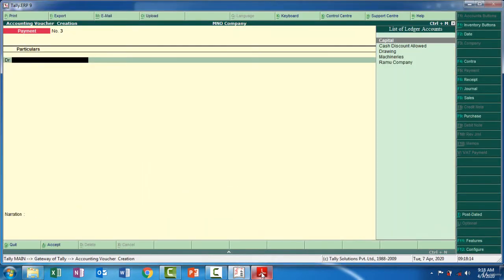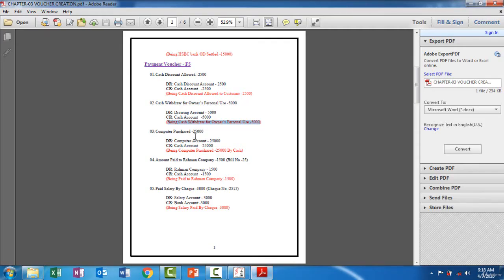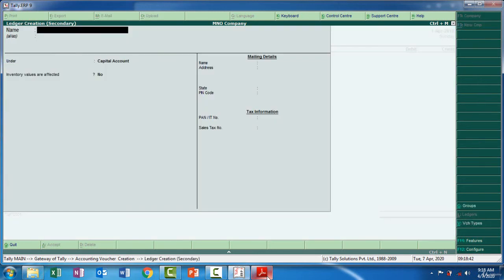So then enter yes. So the next one, computer purchase 25,000. If we purchase the computer, computer account debit and cash account credit. So we don't have a computer account, so we have to create a new ledger for the computer. So I'm going to type computer.